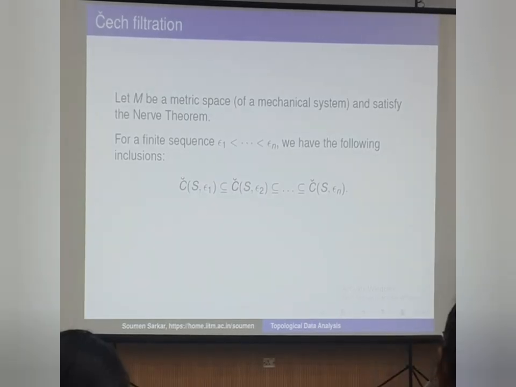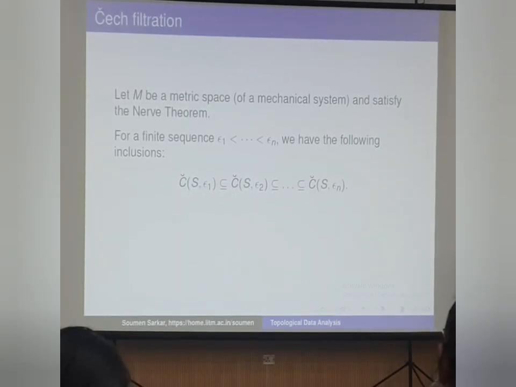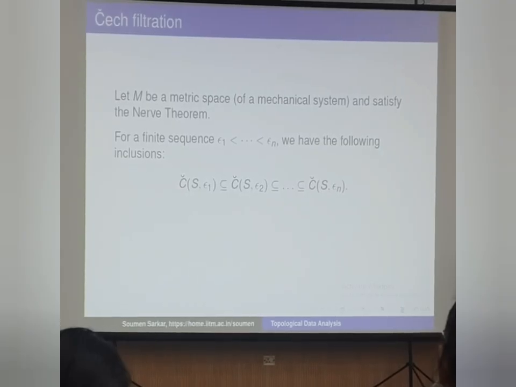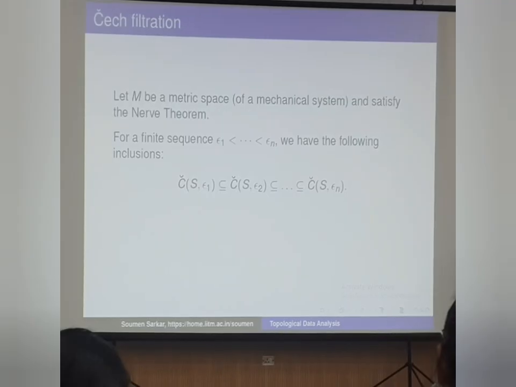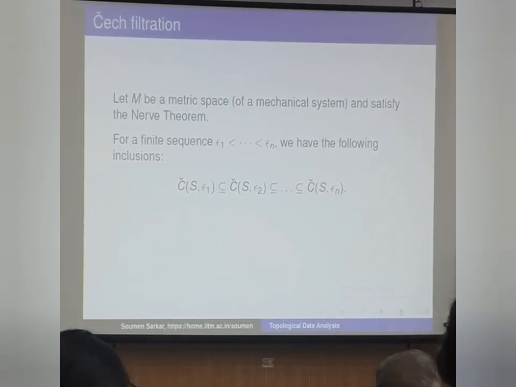So how to get it? We'll get this one using the Čech complex for the computational purpose. But if we take the neighborhood, then what we'll get, it will fill up. We'll get something like a tetrahedron. But we should not go up to that.